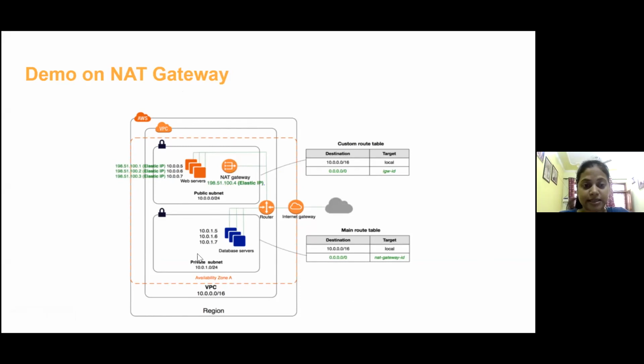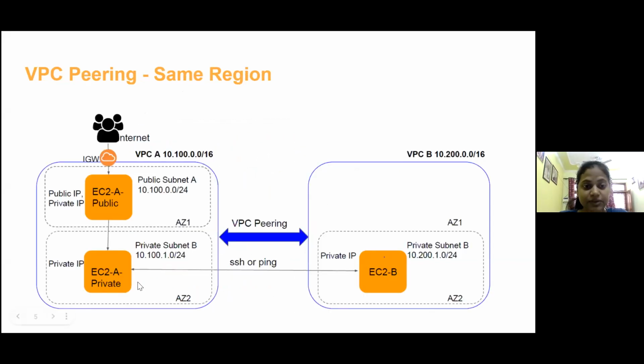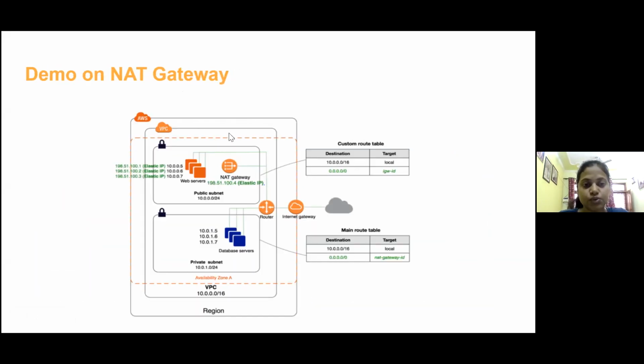Now in this VPC we created two subnets: this is the public subnet and this is the private subnet. In the public subnet, we have created, say, your web server, or for now some EC2 instances. And in the private subnet, we have created a database server.